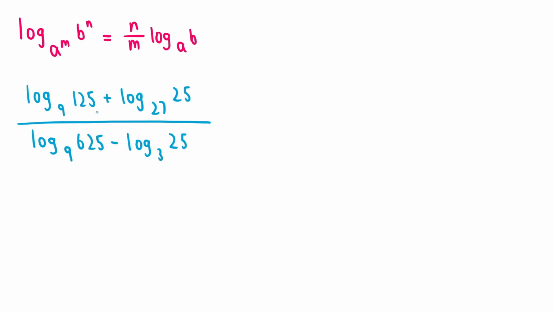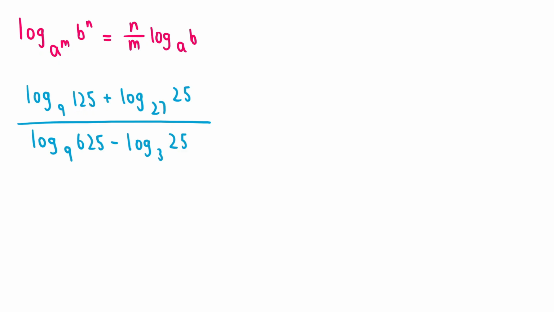So here's another example. If we look at all of the bases in the logarithms in this expression, they're all clearly powers of 3. And if we look at all the arguments, they're all clearly powers of 5. So we can use the property to simplify this expression into a nice rational expression.